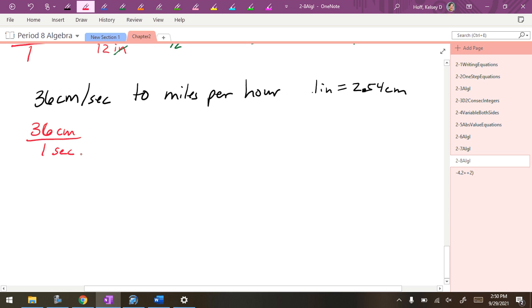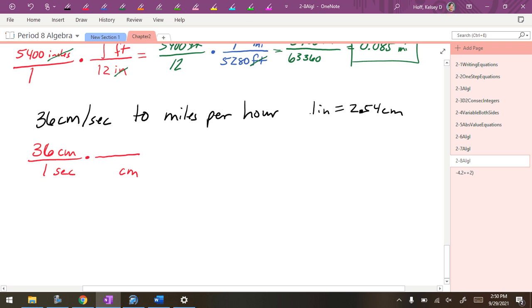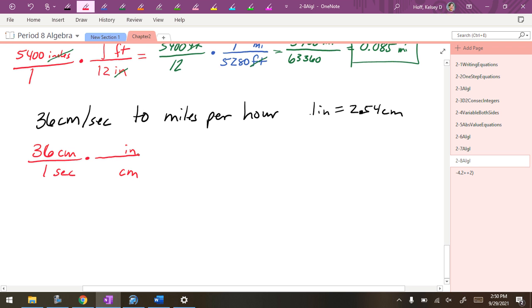Which one do you want to convert first, centimeters or seconds? Centimeters. Where does it need to go? What do you want to change it to? Inches. Very good. And my connection? 2.54 centimeters for 1 inch. Make sure you put your numbers in the right spot, with the right labels. Centimeter and centimeter. Multiply across, you get 36 inches over 2.54 seconds.